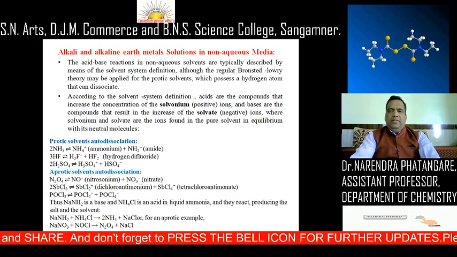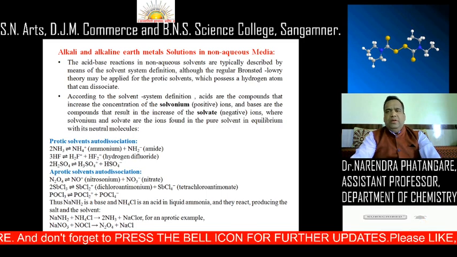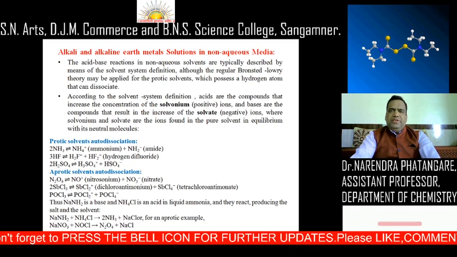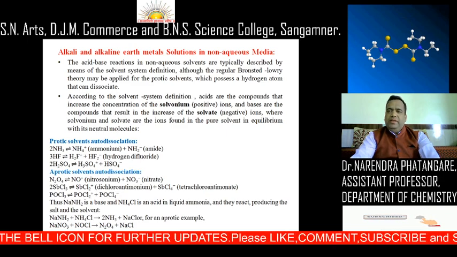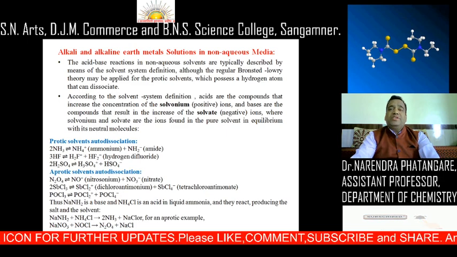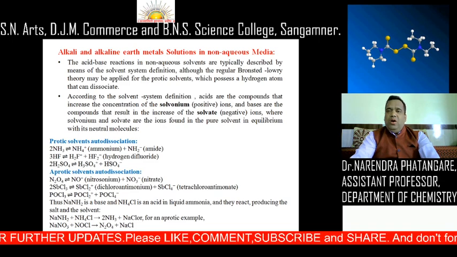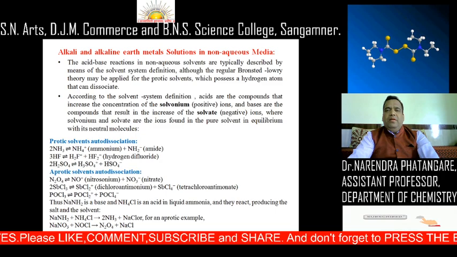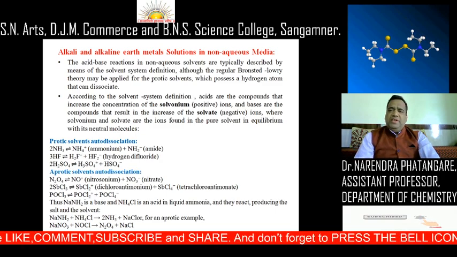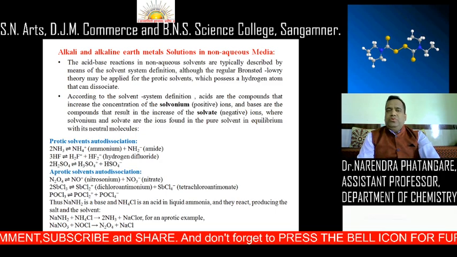Alkali and alkaline earth metals solutions in the non-aqueous media. Acid-base reactions in non-aqueous solvents are typically described by means of the solvent system definition, although the Lowry-Bronsted theory may be applied there for protic solvents, which possess hydrogen that can be dissociated.